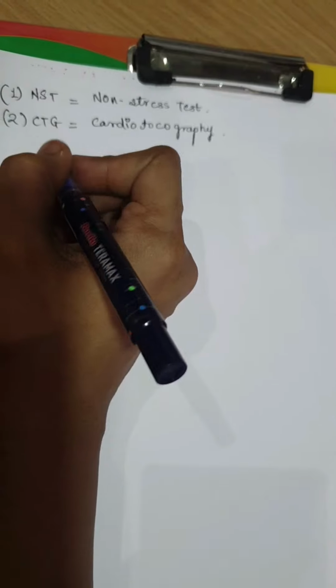The non-stress test itself signifies that the test is done to identify the fetal heart rate when the fetus is not under any kind of stress, that is, we consider there is no uterine contraction. So the test done to identify the fetal heart rate in the absence of uterine contractions is called the non-stress test.